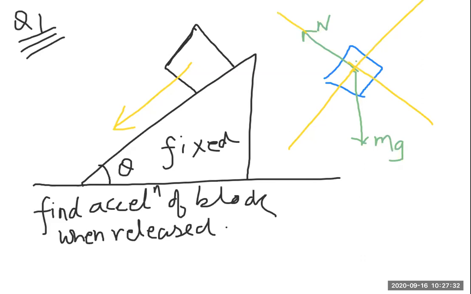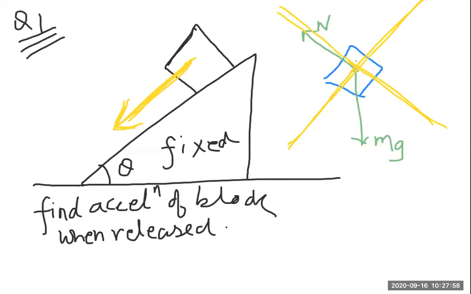This is a crucial step for the remaining 10% of the solution. Since I know definitely that the acceleration will be down the inclined plane, my choice of axis is an axis along the inclined plane and an axis perpendicular to the inclined plane.